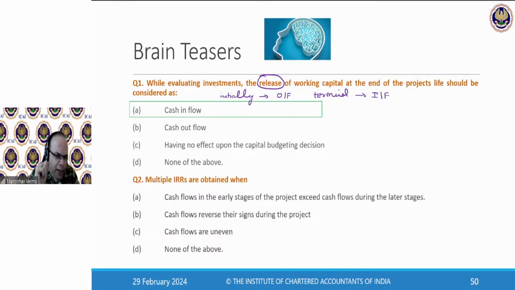Till now, for question number two, I'm getting two different answers. I'm waiting for others also. This was a shortcoming we discussed for IRR when we started the session today.